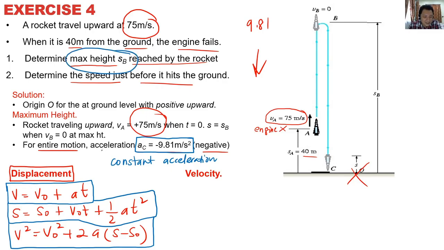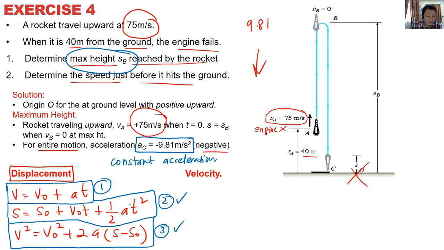Maximum height means you need to find S. So you cannot use the first equation, because the first equation does not have any S value. Second equation, yes, it has S. Third equation, yes, it has S. So it's either number 2 or number 3.